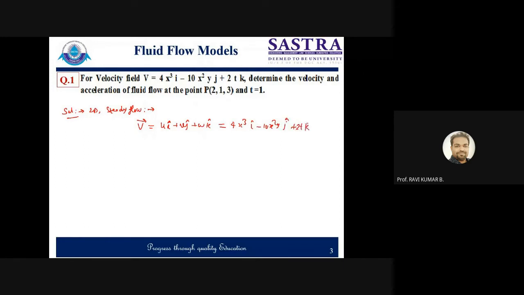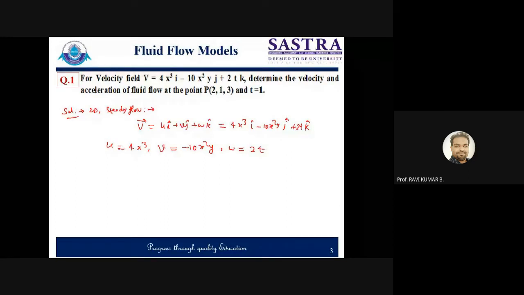These are all given. So just equate these, and you get u is equal to 4x cube. V is equal to minus tan x square y, that you are getting from here, and w is equal to 2 times t. That's what you are getting from this equation.